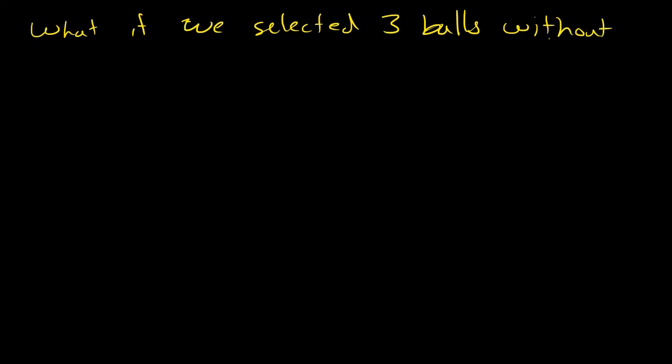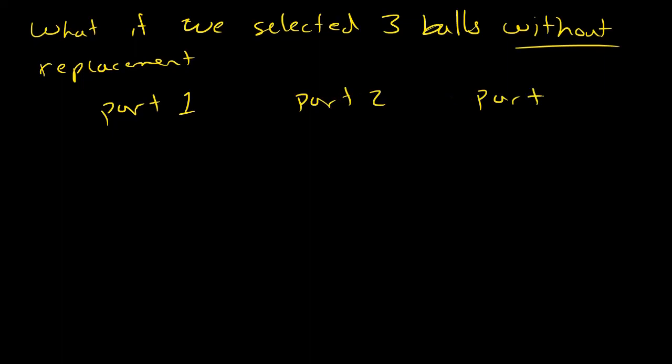All right, what if I were to change this up a little bit more and ask now, what if we selected 3 balls without replacement? Okay, so without replacement. So we have part 1, part 2, and part 3 of the experiment.